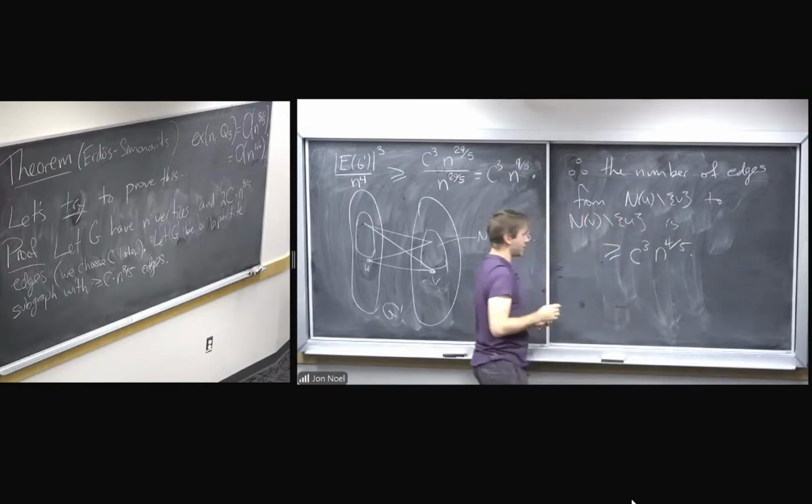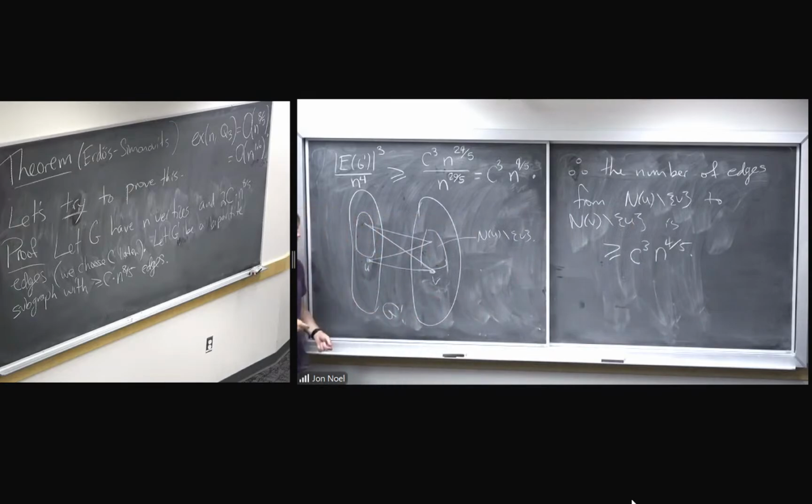Because those edges are in one-to-one correspondence with the injective 4 cycles that include that edge. So basically we're saying the edges are pretty dense between these sets.